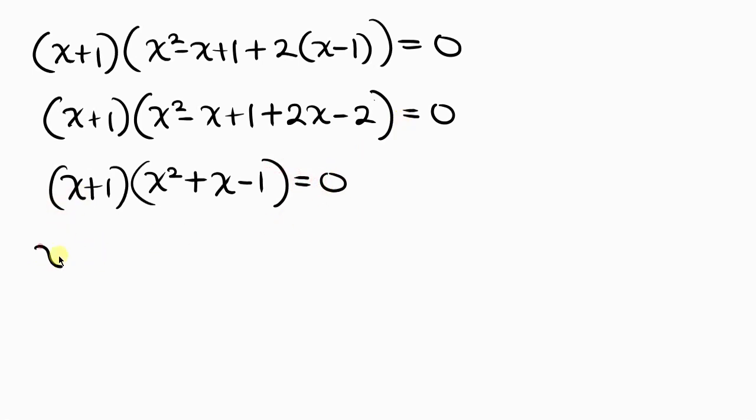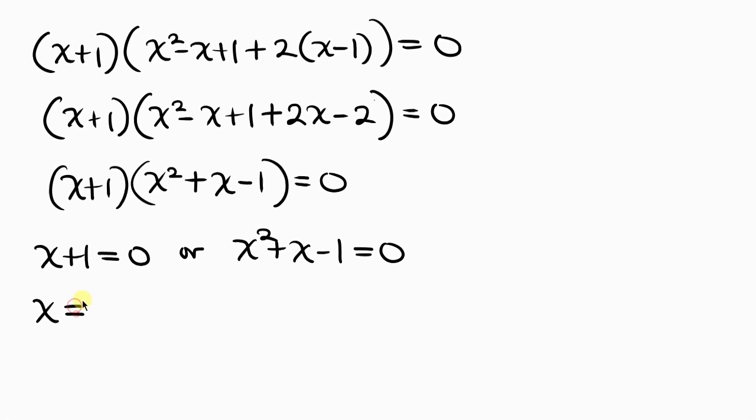We have x plus 1 to be equal to 0, or we have x squared plus x minus 1 to be equal to 0. So solving these cases one after the other, we get the second value of x by moving 1 to the right hand side. So as 1 crosses to the right, it becomes negative 1. So this is a second solution for x.